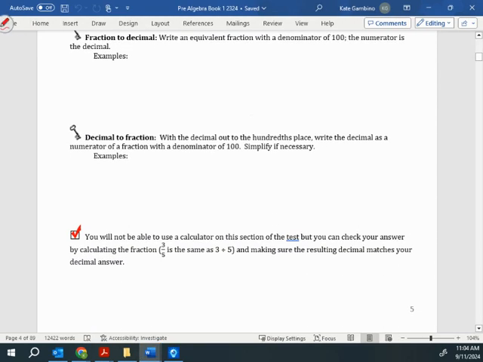So let's say we have a fraction of 4/5. We want to go to a decimal. So what's my first step? What does it say we want to convert it to? Michael? We want that denominator to be 100.